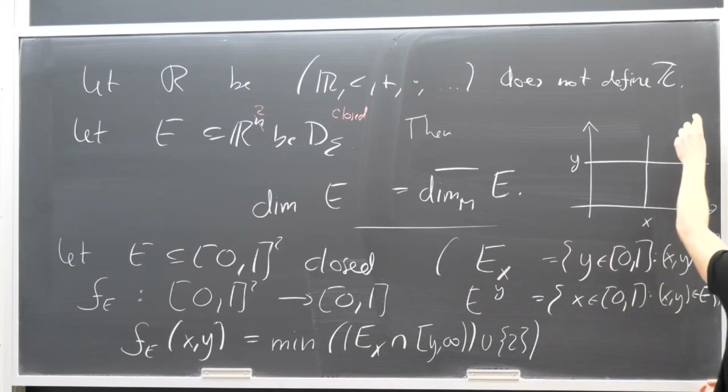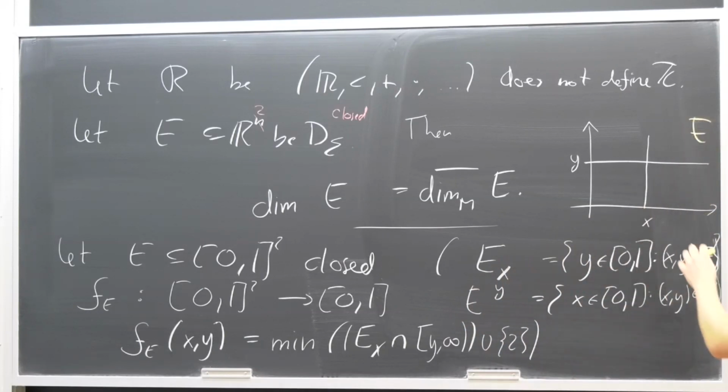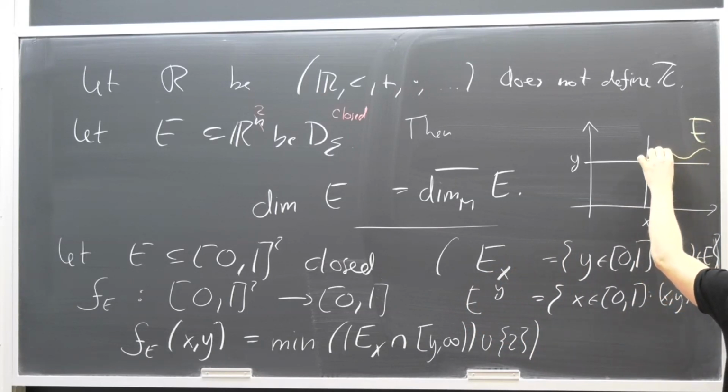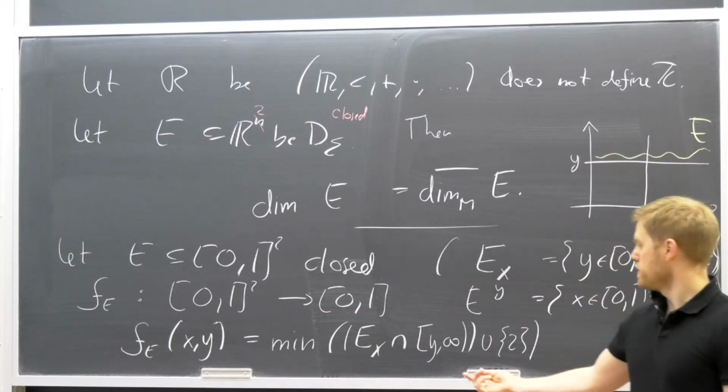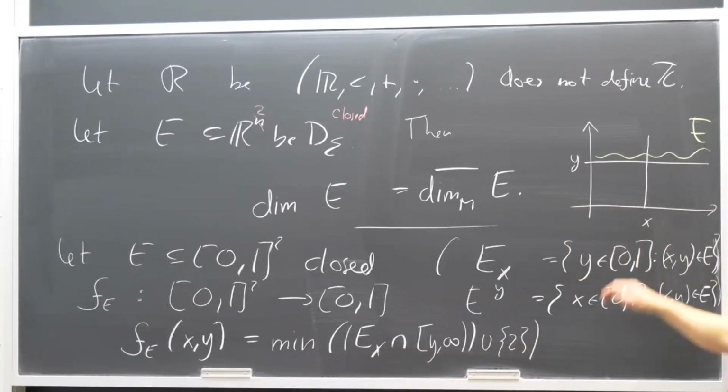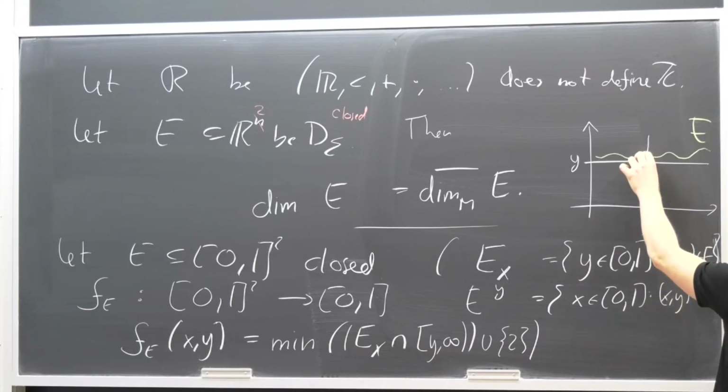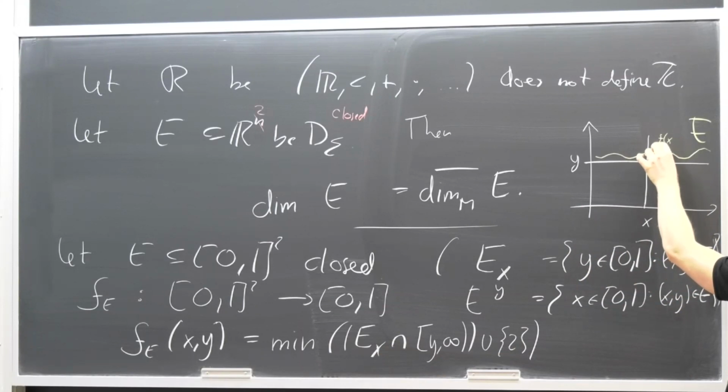Again, if E lives somewhere here, then this picks the minimum element in E over this line. If you fix the y and let the x just vary, then in this case this point here would be f sub E of x, y. In this case, I drew it so that it looks continuous.